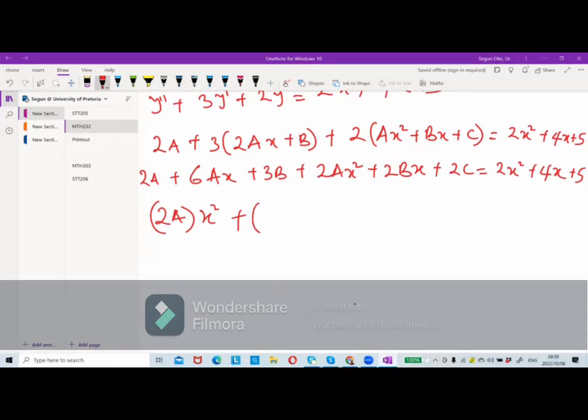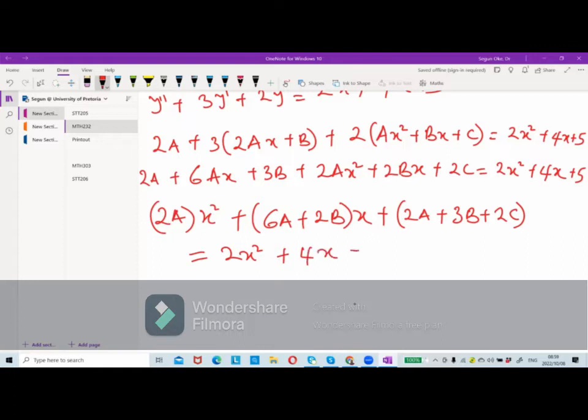Let's collect it. 6a and 2b, x will be outside. The one without x, we have 2a plus 3b plus 2c. All of them equate to 2x squared plus 4x plus 5.